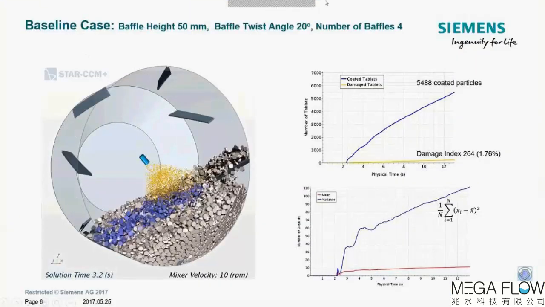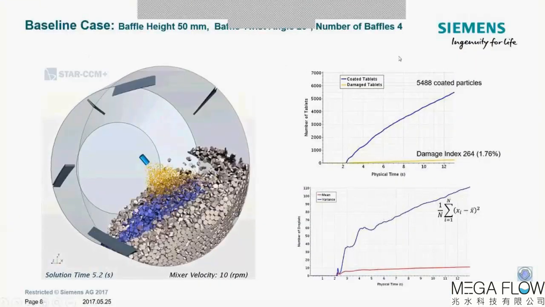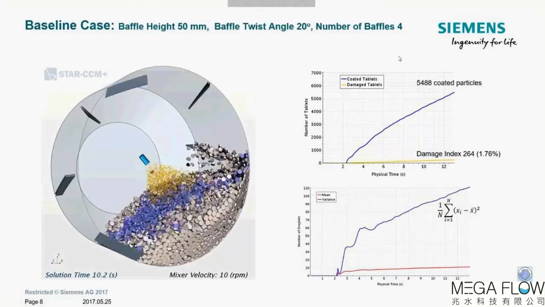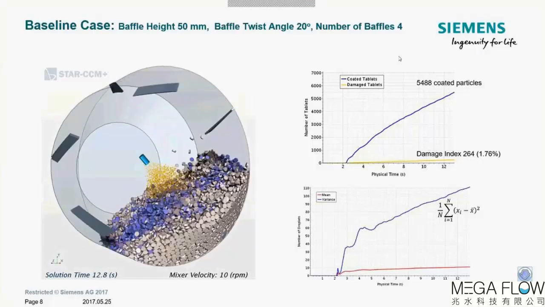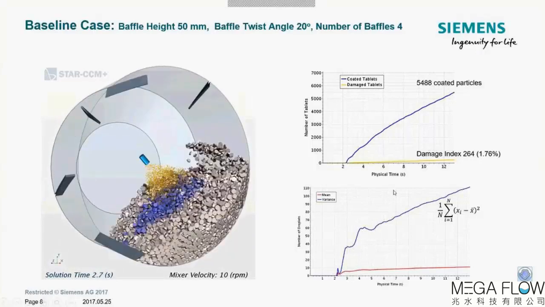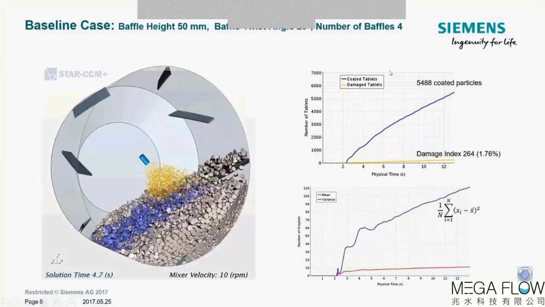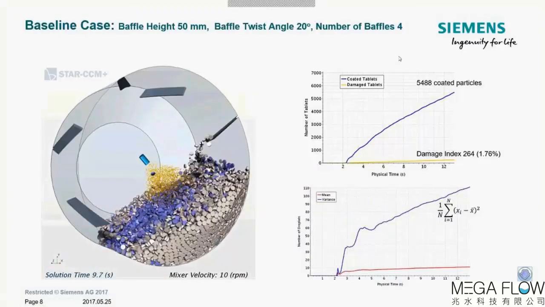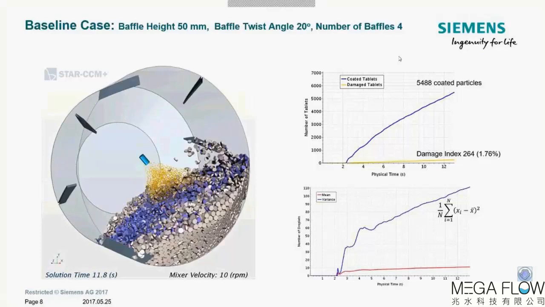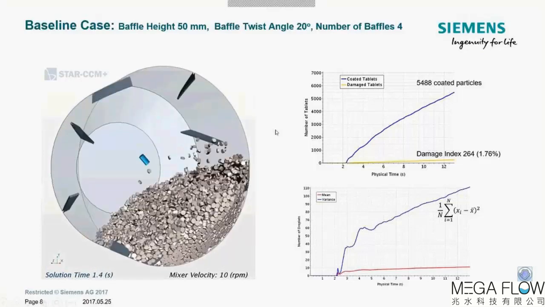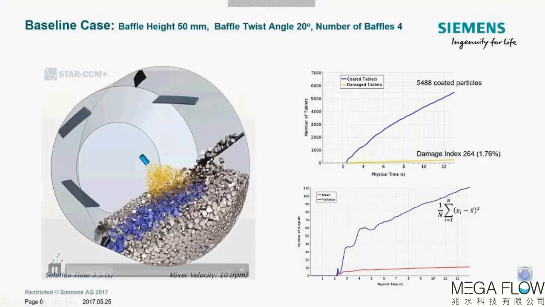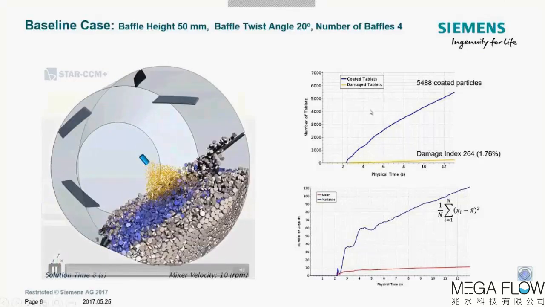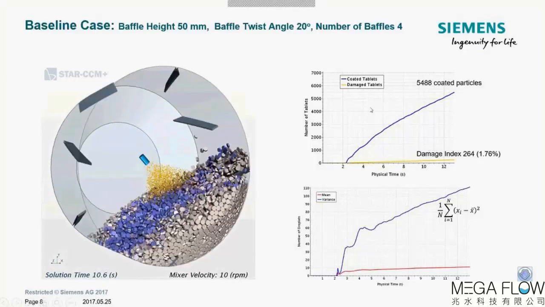So at this point, I switch back to my presentation and show how to post-process this system using our built-in optimization part of the software, which allows you to automatically change the design, go through the design space of the equipment, and optimize the coating process in this case.